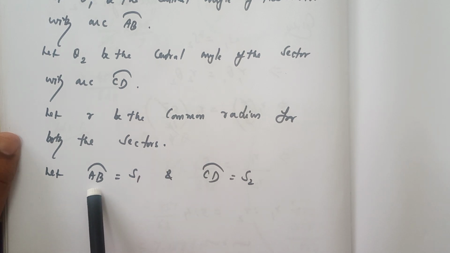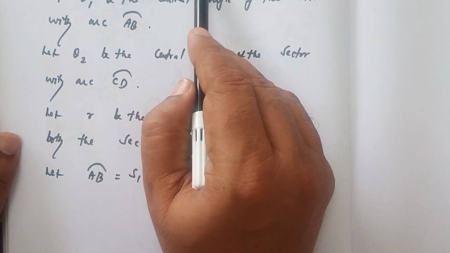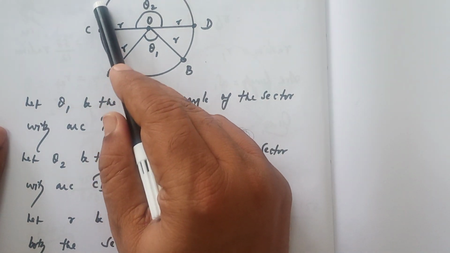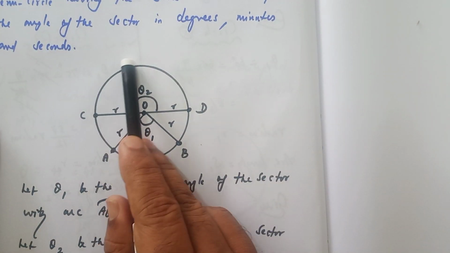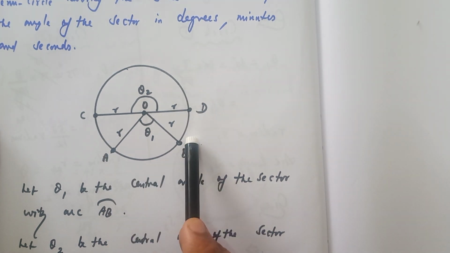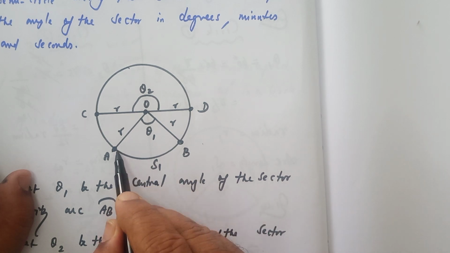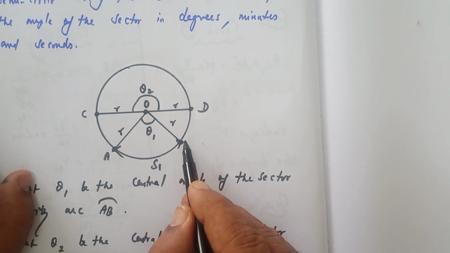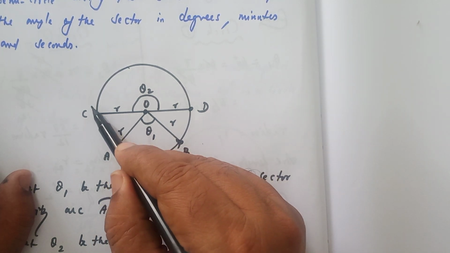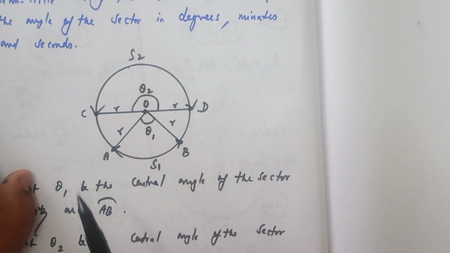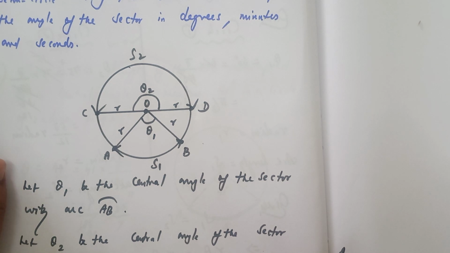I consider arc AB as S1, and arc CD, from here to here, as S2.